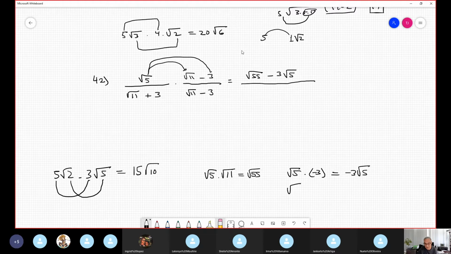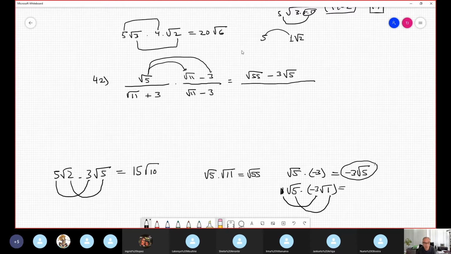You can interpret it like that: radical 5 times negative 3 radical 1, because radical 1 is 1 and 1 is invisible. So when you multiply, there is a 1 here and another invisible 1. 1 times negative 3 is negative 3, and radical 5 times 1 is radical 5. And we get this answer. But no. The shortcut to do it fast and without complication is you multiply only outside with outside and inside with inside, and do not mix them together. It's totally illegal, a violation.